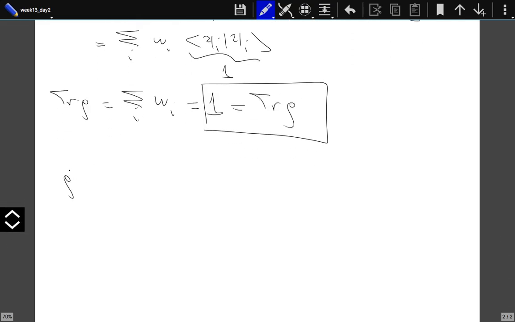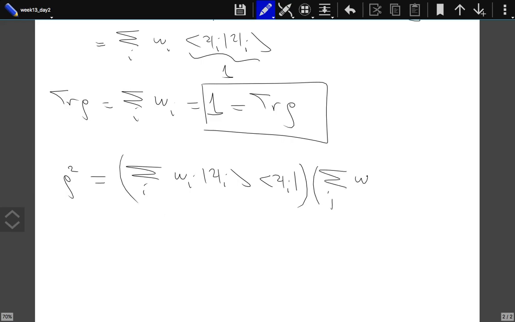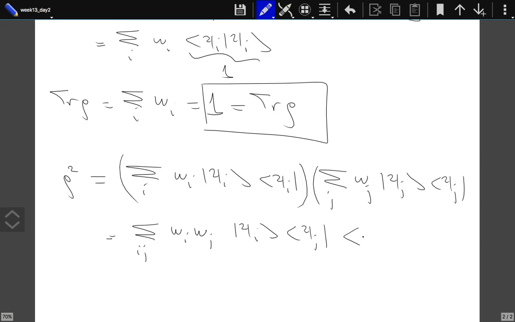Now we can look at rho squared. You see, rho squared will be sum over I, omega I, psi I, times sum over j, omega j, psi j, which is equal to sum over ij, omega I, omega j, psi I psi j, and they are not necessarily orthogonal to each other.